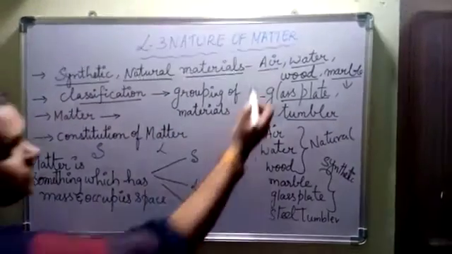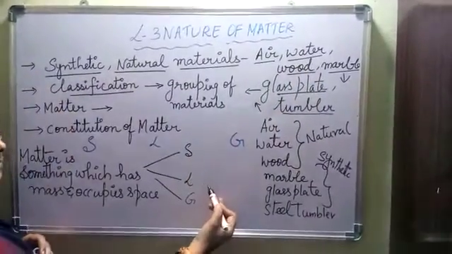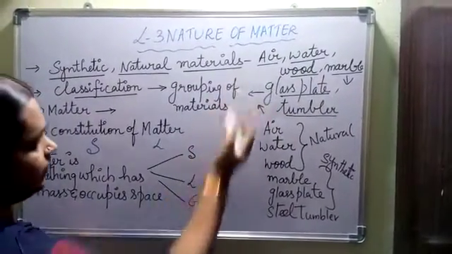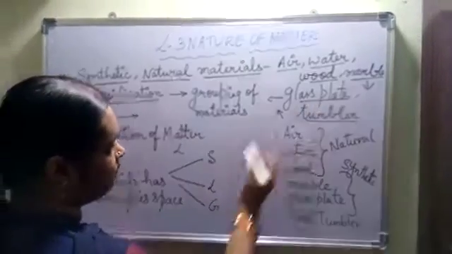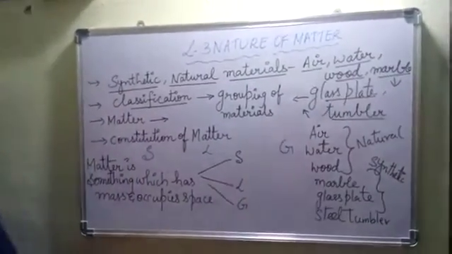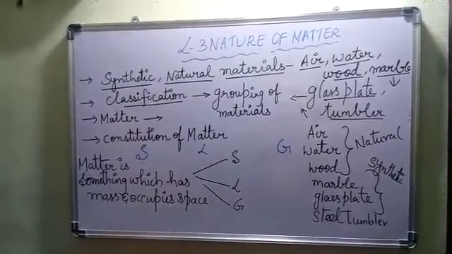In the same example, water comes under liquid. Air comes under gases. Wood or marble, they all come under solids. So this is how matter is classified.